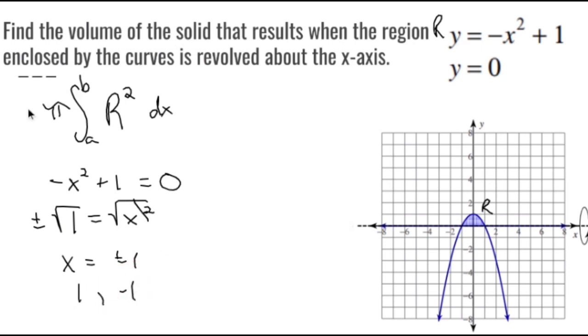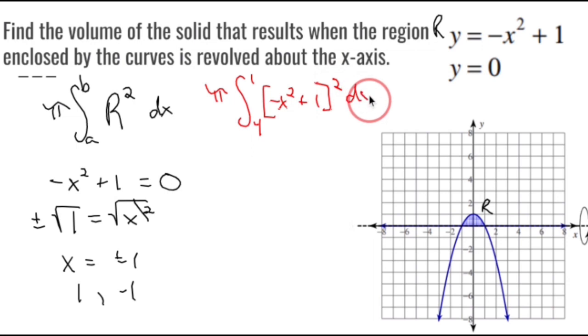All right, so now I know what I have. I think if I do all of this here, that leaves me with enough room. So let's see if I can pull this off. I have pi times the integral from negative 1 to positive 1 of negative x squared plus 1, all of that squared, dx.